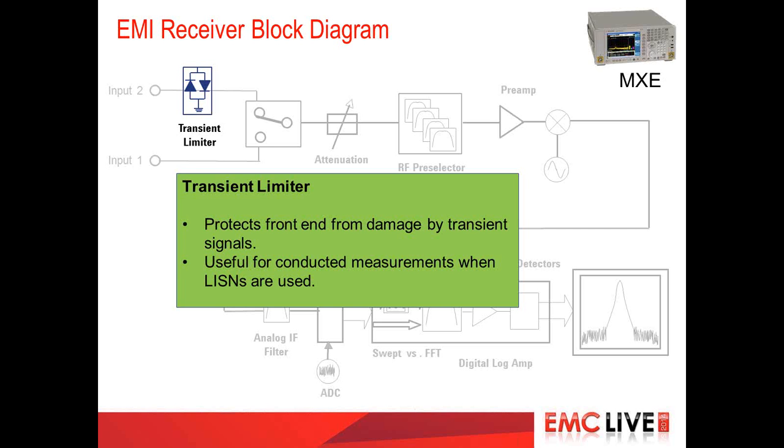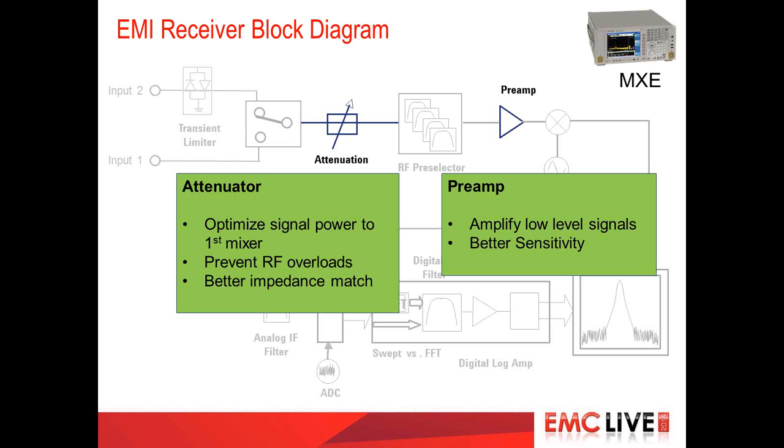What you'll find next after the transient limiter is an attenuator. The attenuator allows us to adjust the signal power going to the first mixer. This allows us to optimize our dynamic range, but also EMI signals can tend to be very strong, very impulsive.